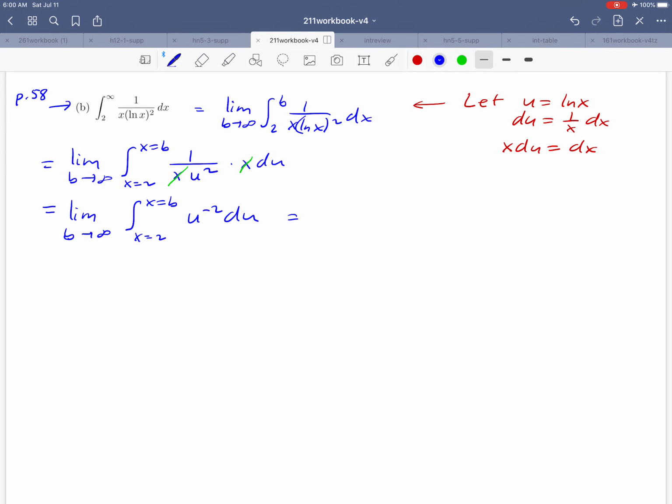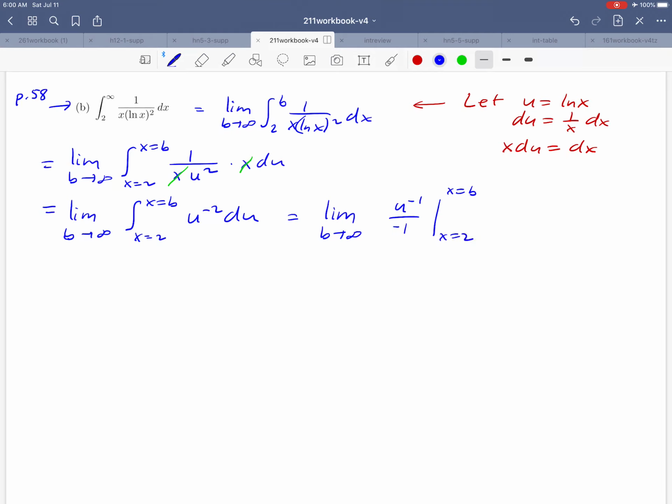And continuing with the calculation, what would an antiderivative for u to the negative 2 be? Okay, well, using the power rule, we're just going to get u to the negative 1 over negative 1. Getting kind of deja vu here. It seems to me that we might have taken this antiderivative a couple of minutes ago. Okay, and we're going to plug in our limits.